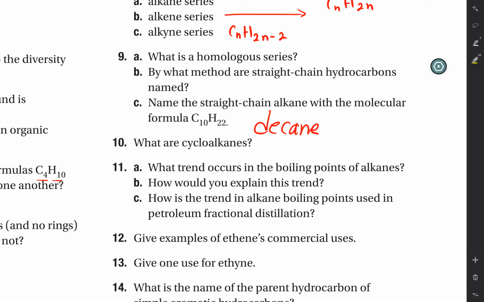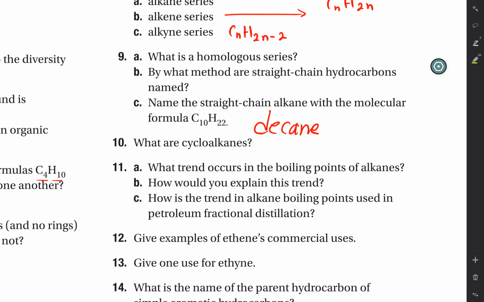Question number 11. What trend occurs in the boiling point of alkanes? So for the alkanes, by increasing the number of the carbon, the boiling point also increases. Part B says, how would you explain this trend? Okay, the hydrocarbons or alkanes are non-polar molecules. The only force of attraction between their molecules are London dispersion forces.